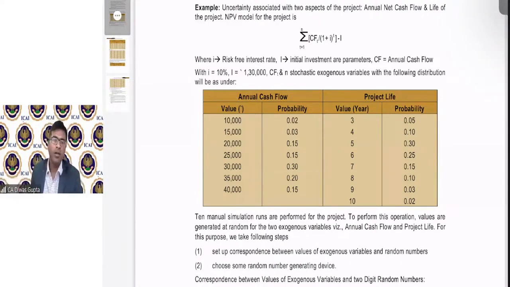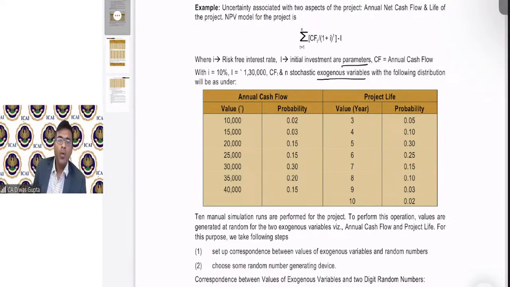I request everyone to please open that, or just focus on the screen. I will try to explain the simulation through the example taken in the study material. First of all, students, as I told you, there are two things that we have to first understand. One is the exogenous variable, and the second one is the parameter.